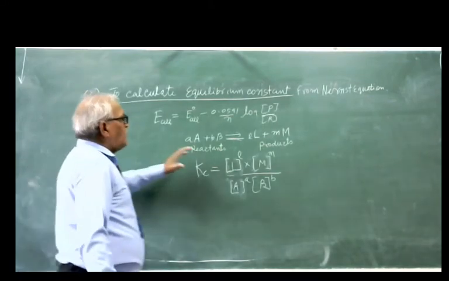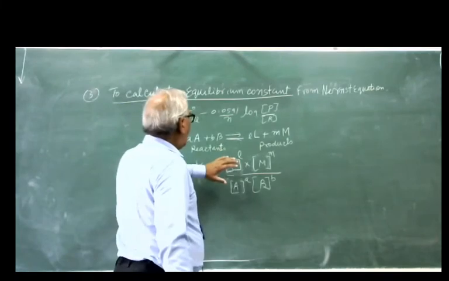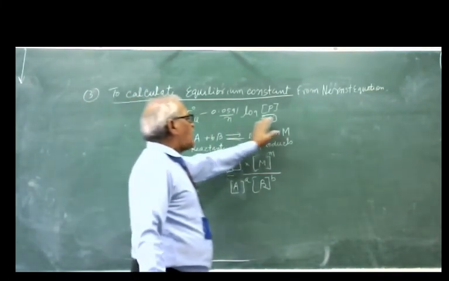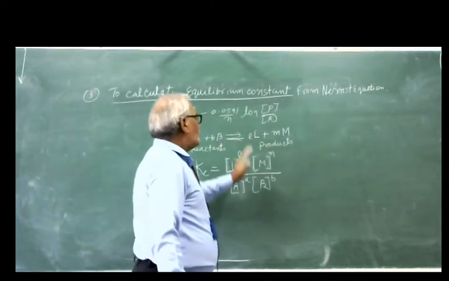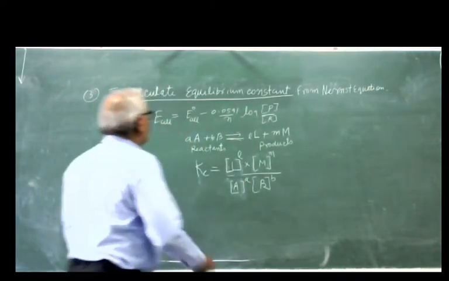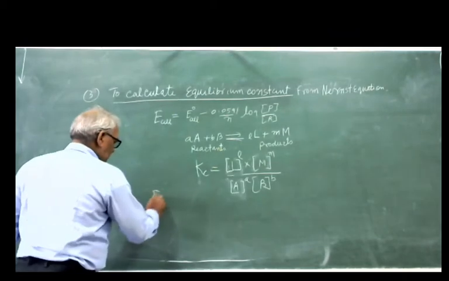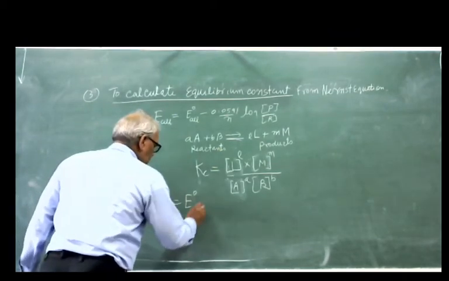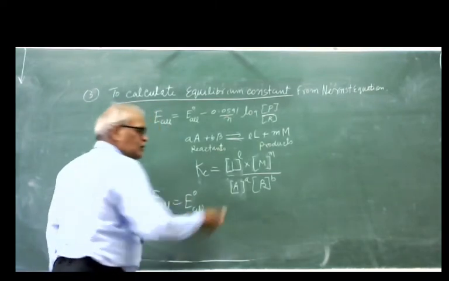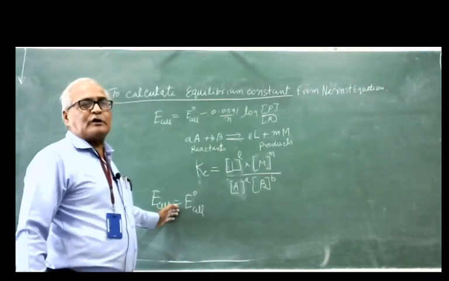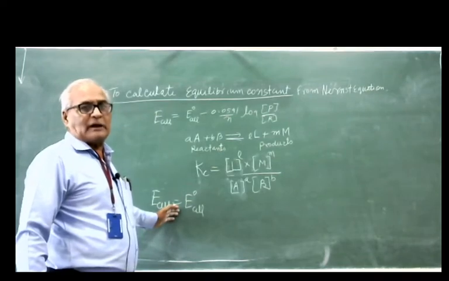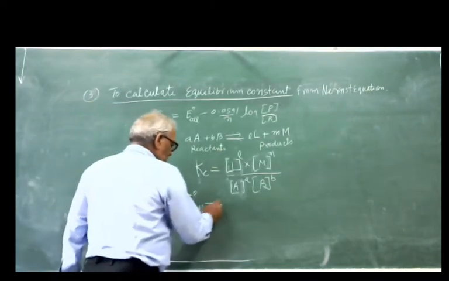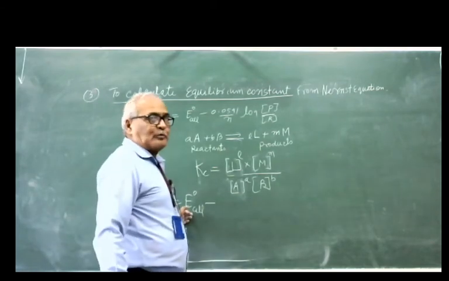So if I apply the Nernst equation for such a reaction, we shall write here EMF of the cell is equal to E0 cell. E0 cell means E0 of the right minus E0 of the left. Just don't be confused. E0 cell means standard electrode potential of the cell.